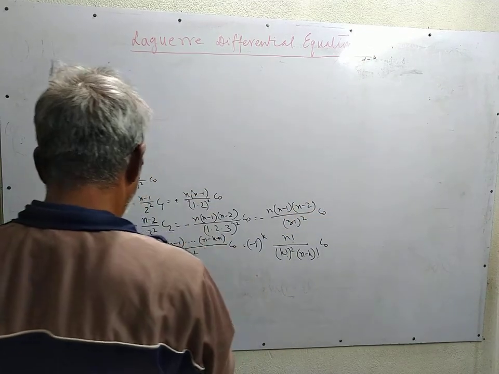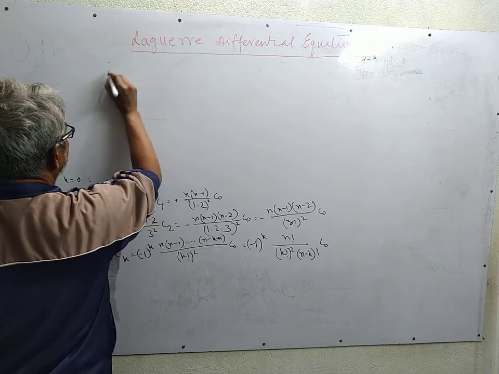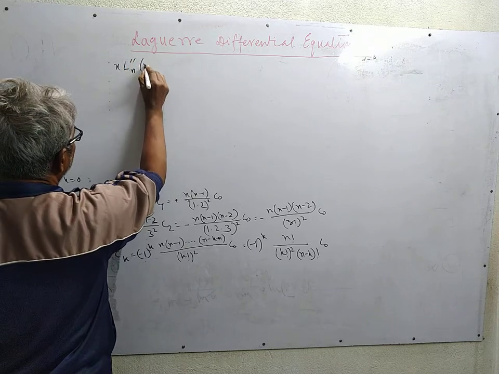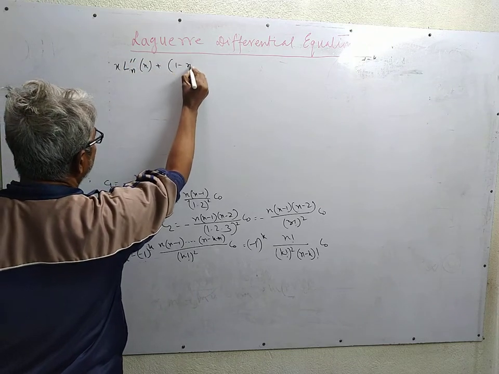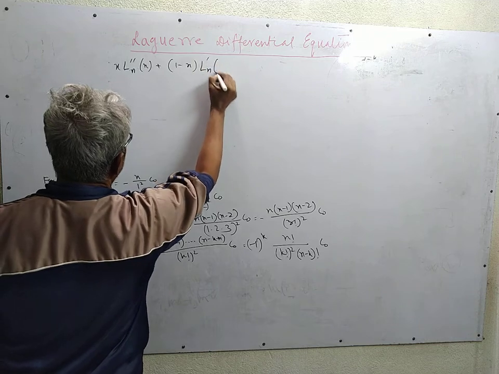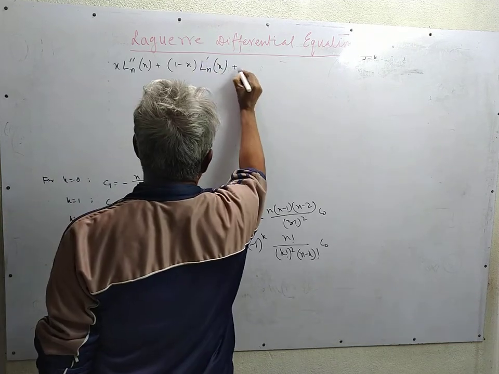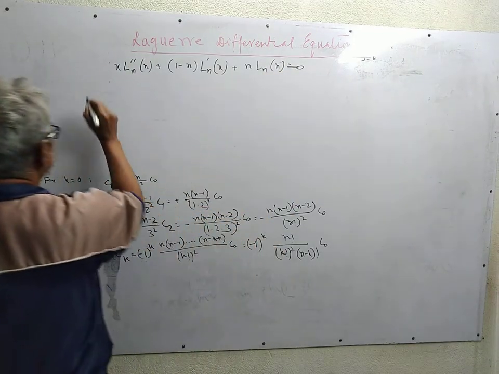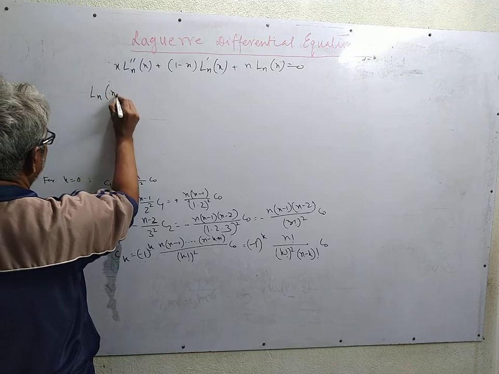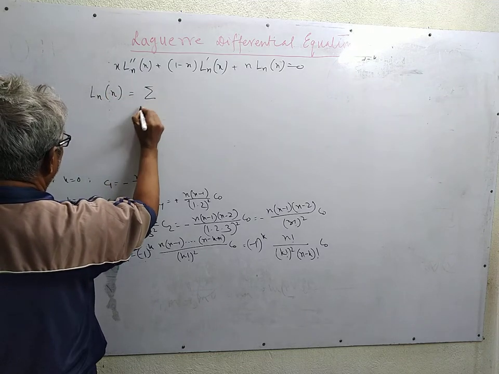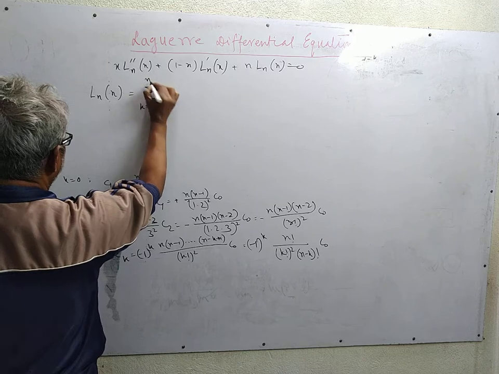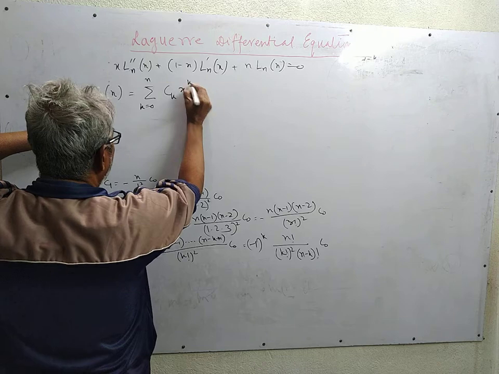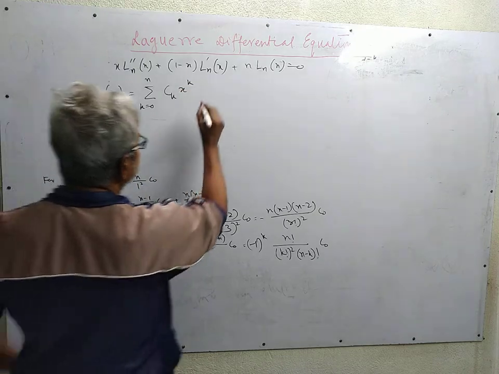So we write: the nth order Laguerre polynomial is one which satisfies the differential equation and has a finite solution even at infinity, where Ln(x) is given by summation over k equal to 0 to n of ck x to the power k, where ck is given by this relation.